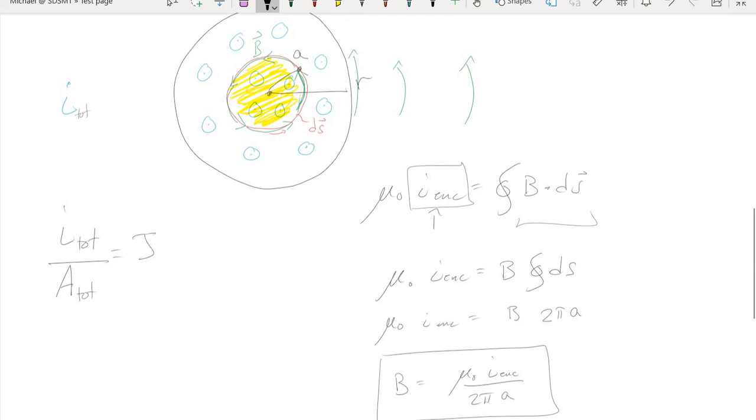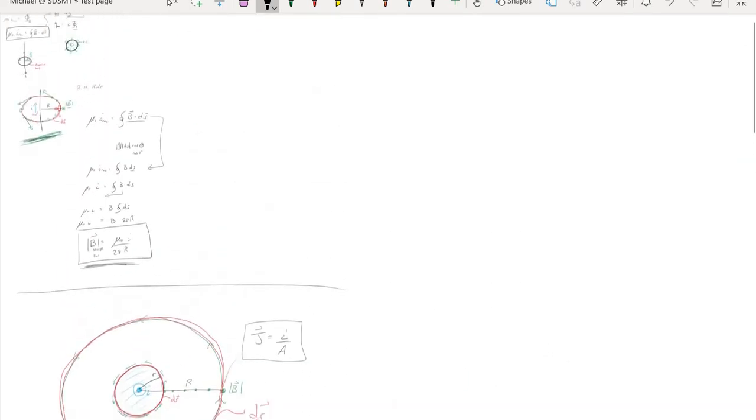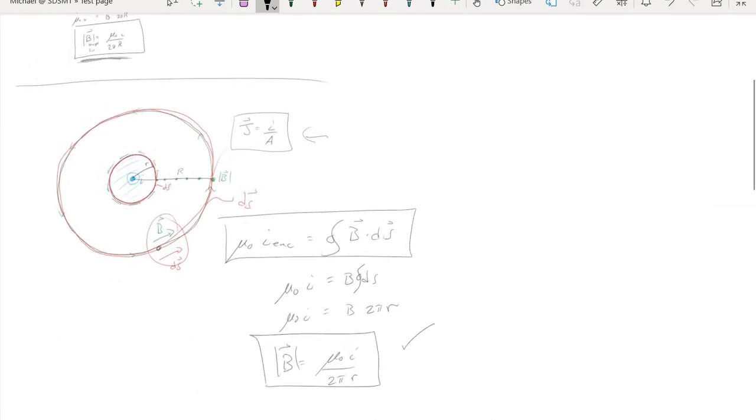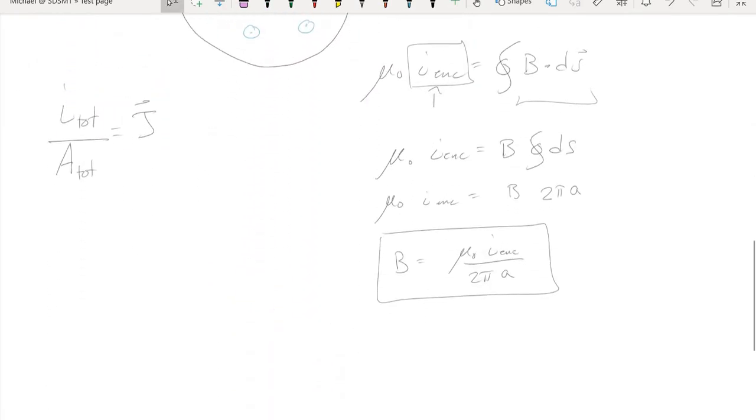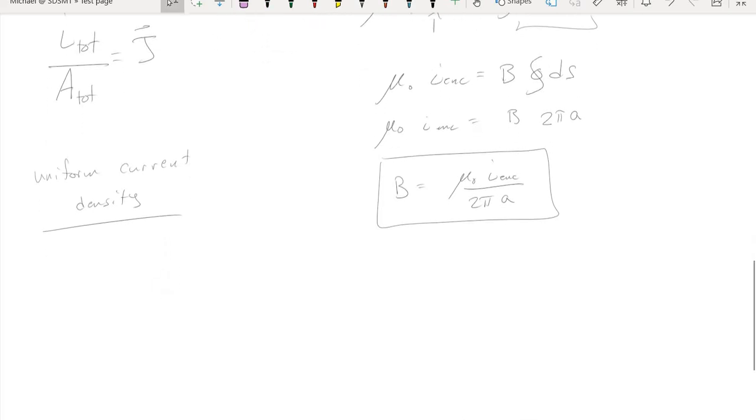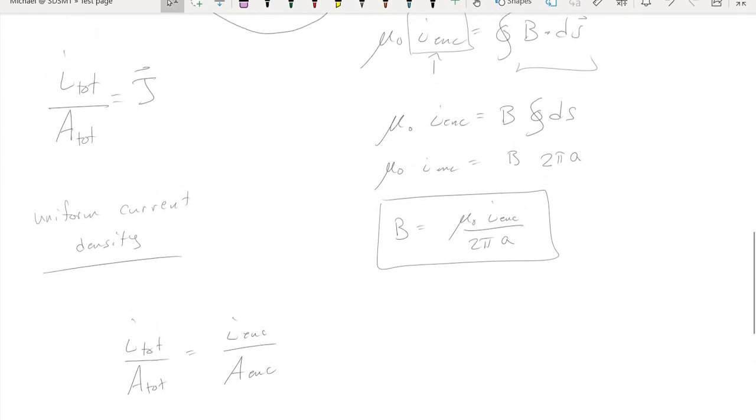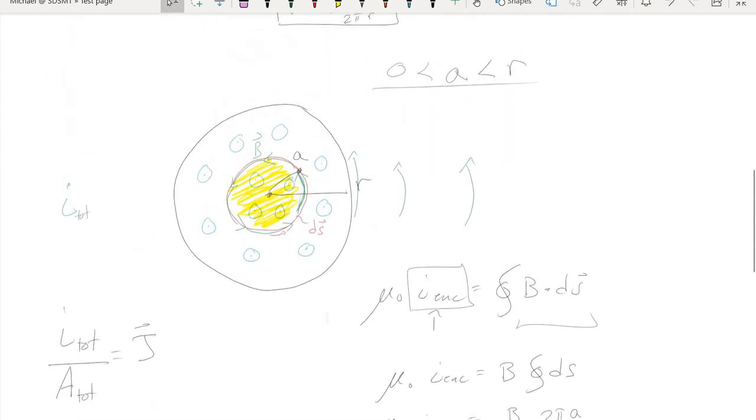And, well, this was what we called the current density right here. If we are to assume that we have a uniform current density, so we have the same amount of current per unit cross-sectional area, then that ratio of total current to total cross-sectional area must equal the same ratio of enclosed current to enclosed cross-sectional area.